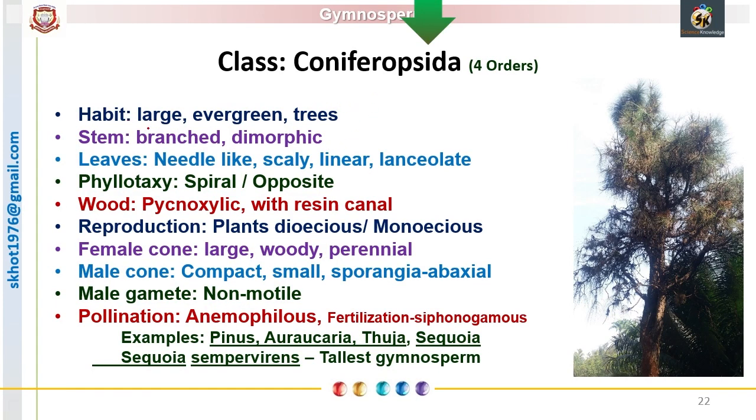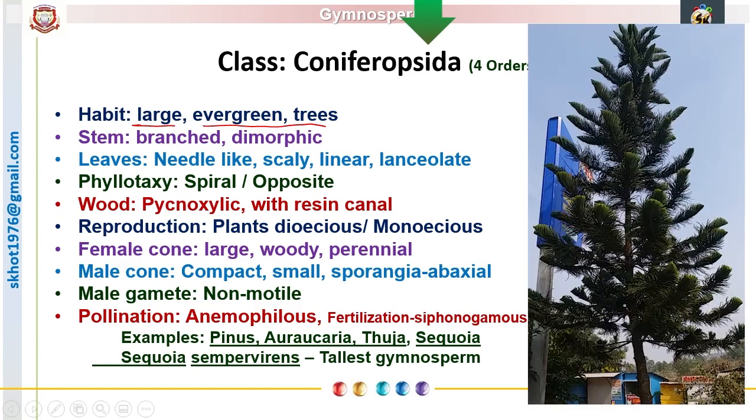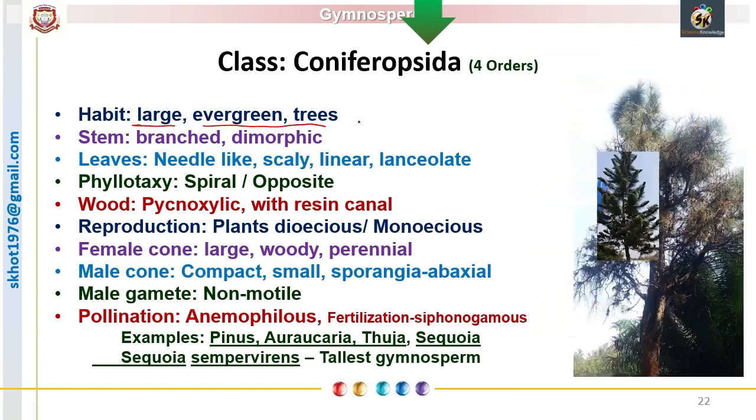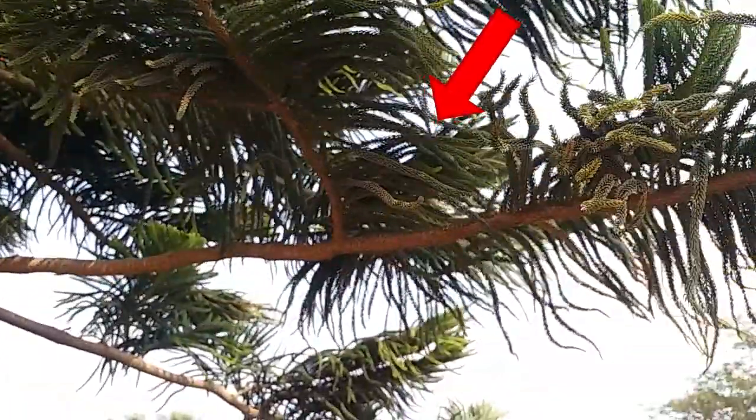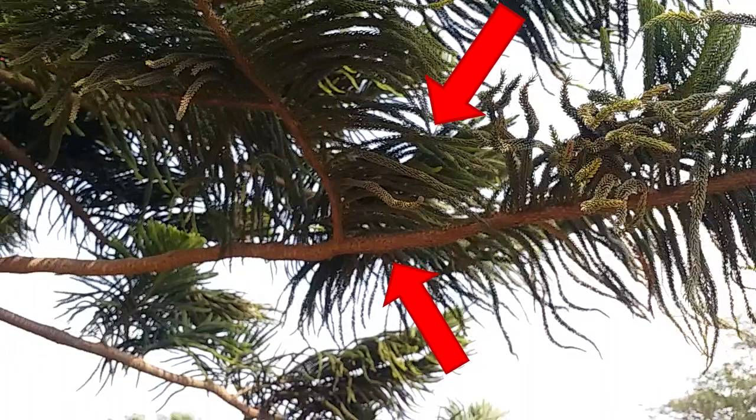The plants in this class are large and evergreen trees, such as pine trees, Christmas trees, Abies deodara, etc. The stem is branched and it is dimorphic. We get 2 types of branches: the branches of limited growth and the branches of unlimited growth.